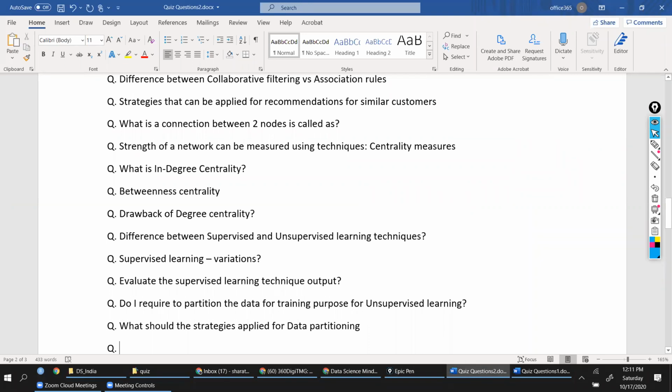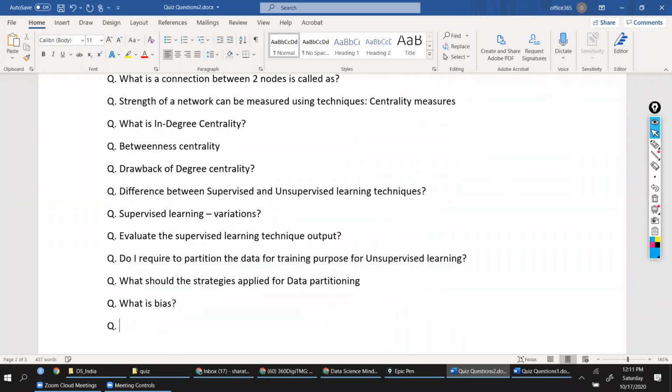Next, what is bias? And what is variance? Bias basically means underfitting.